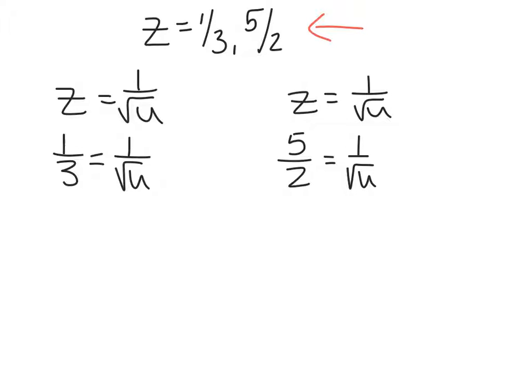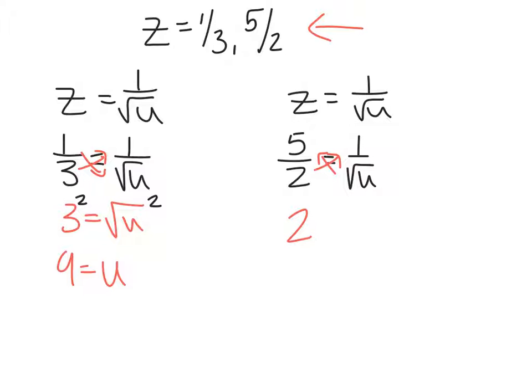This is actually a proportion, so you can cross multiply this guy. So 3 times 1 is 3. 1 times the square root of u is the square root of u. I can square both sides, and I get 9 is equal to u. There's one of them. Again, with this guy over here, you can cross multiply. 2 times 1 is 2 is equal to 5 square roots of u.